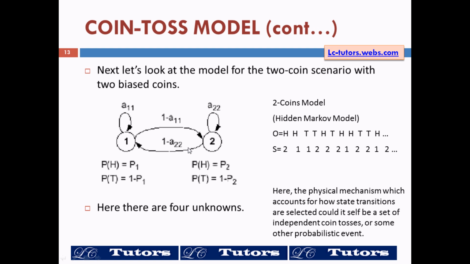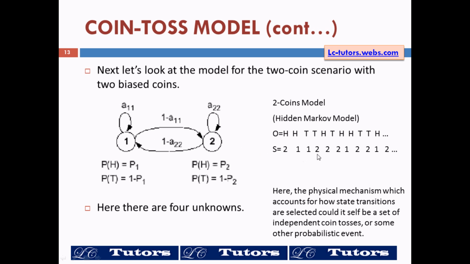If he gets tail, he will toss coin 2, and then he will tell the output of tossing coin 2. Next time he wants to toss a coin, he tosses a third coin and then sees which one he wants to select. So there is a second probabilistic behavior to select the states.